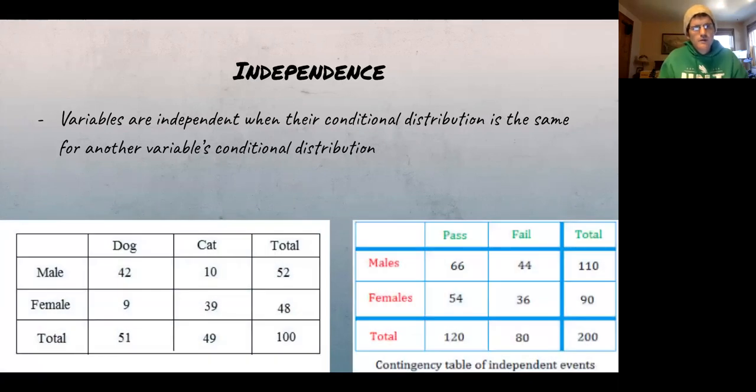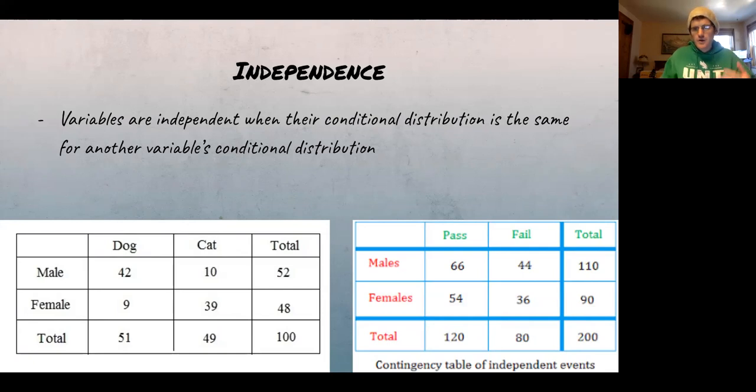So if we look at these two tables, let me start with the one on the right. We're looking at presumably some class and a certain number of males passed and failed, and same for females. The question I might ask is, knowing that the student is a female, does that have an effect on her ability to pass the class?